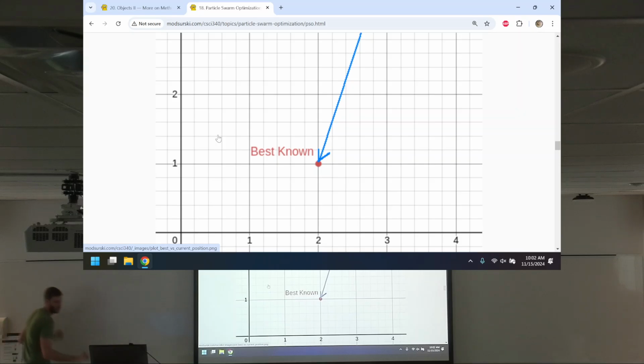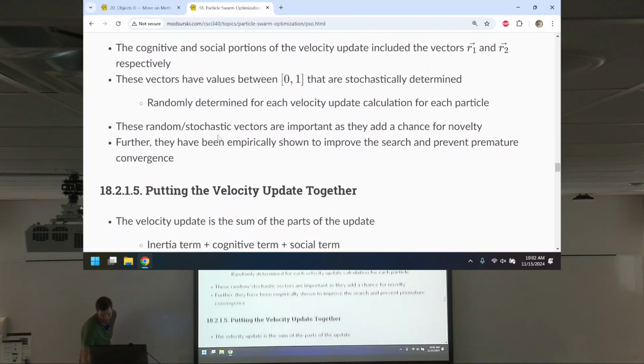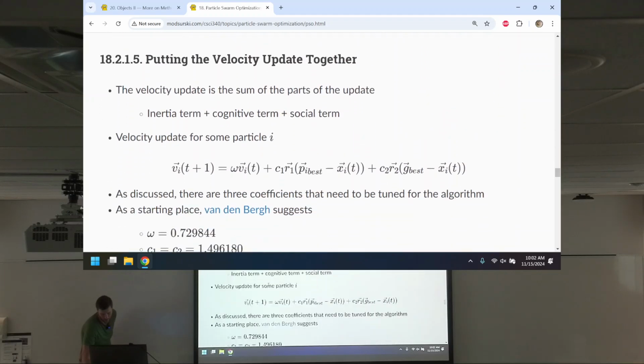So the whole expression is this, okay? V t plus 1, right? I'm influenced by how fast I'm currently going, I'll call that the inertia, plus my local plus global, right?